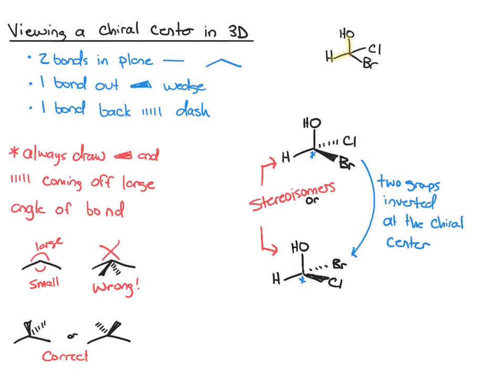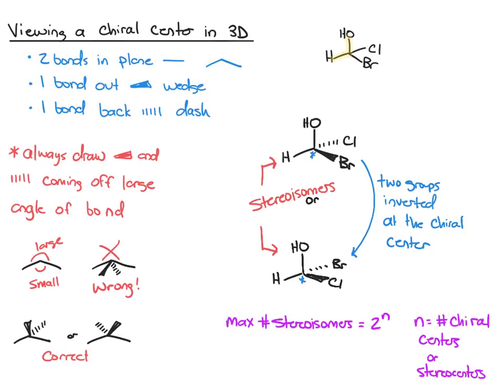We can use a simple calculation to figure out the maximum number of stereoisomers that you could potentially have. The calculation for the maximum number of stereoisomers is you take 2 to the power of n, where n is the number of chiral centers, and later on we'll even learn that n can equal the number of stereocenters.